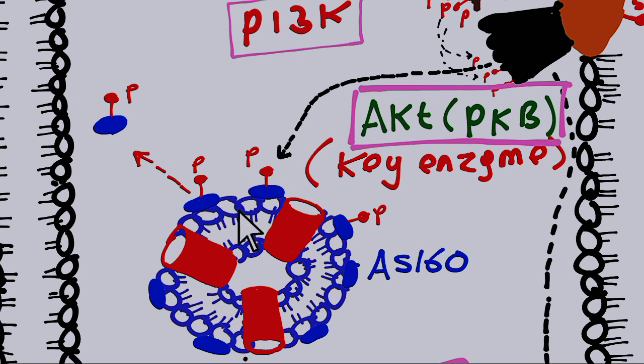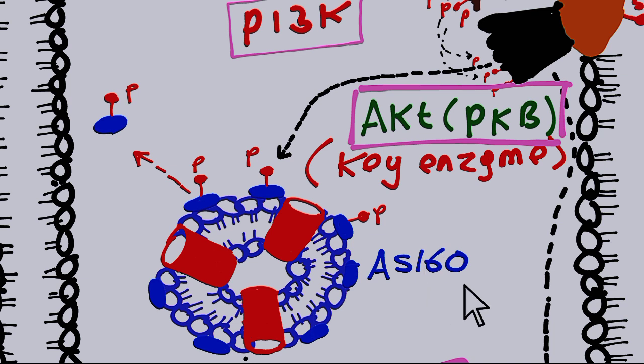So when you look at this vesicle, you can see some blue dots. Those blue things are proteins. So around this vesicle that contains the GLUT4 transporters, we have got proteins that we call AKT substrate of 160 kDa. So this protein is a substrate of the AKT enzyme.